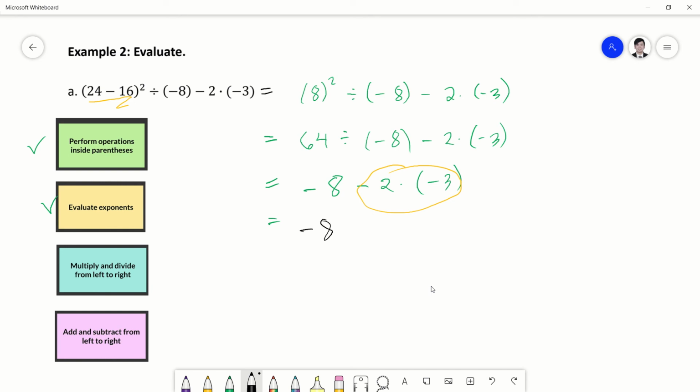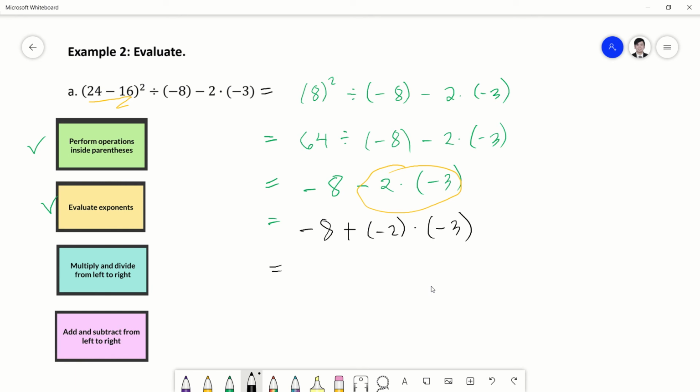Remember, if it is subtraction, you're supposed to change it to addition and then get the opposite of the positive 2, and that would be negative. So, that would be negative 8 plus negative 2 times negative 3.